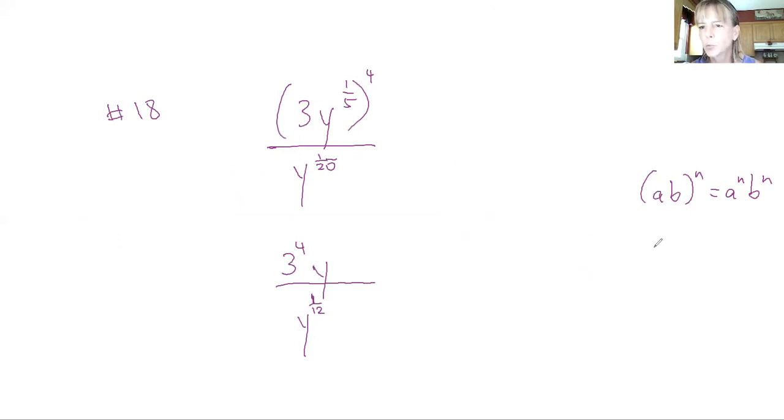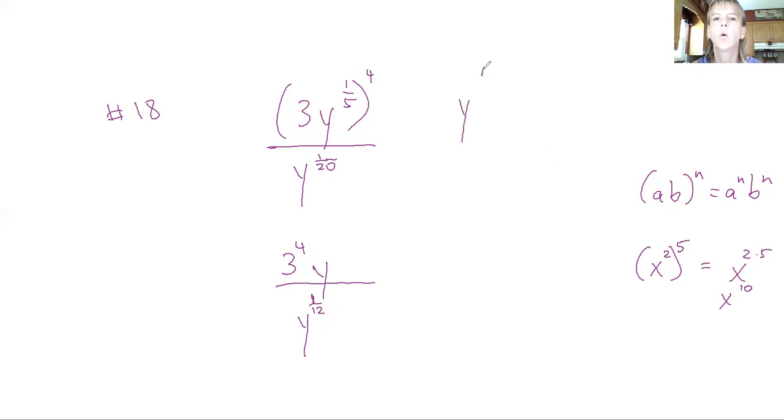This is a combo of rules, you see. When you have something, let's use x squared to the 5th, if you have a power to a power, what do you do again? You multiply, right? So that one was x to the 10th. Well, now you're dealing with fractional exponents, not a problem.